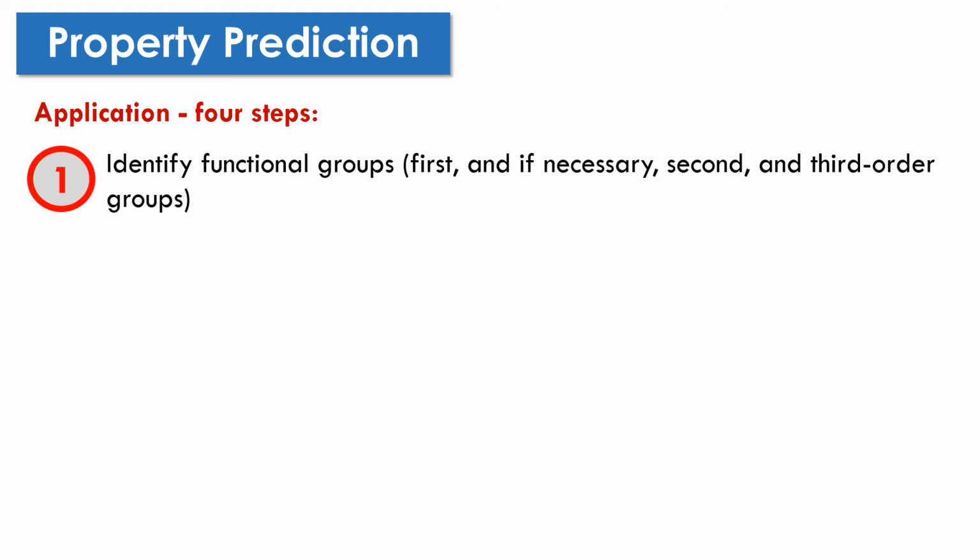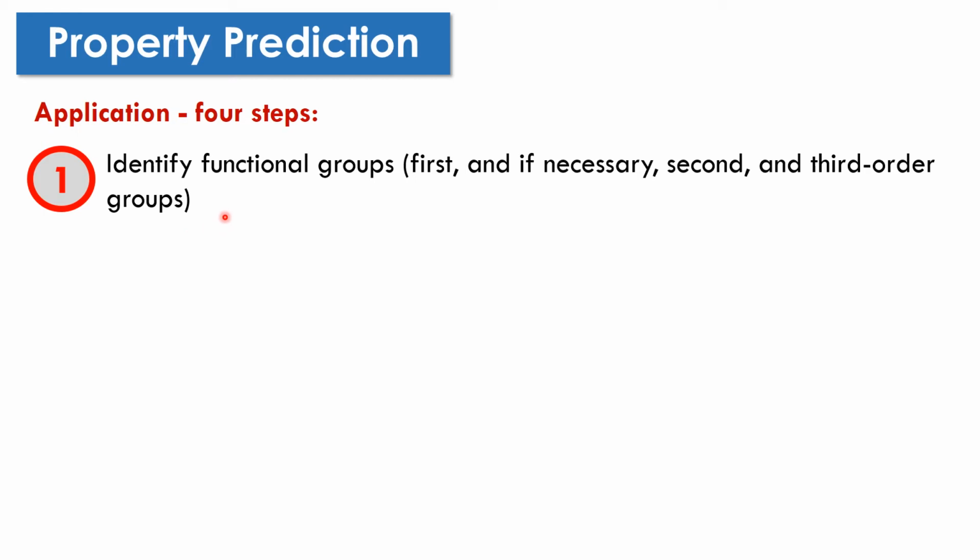This is in order to predict primary properties. First of all, you identify the functional groups. Normally we would just use the first order, but if necessary, of course you can add the second order and also the third order groups.